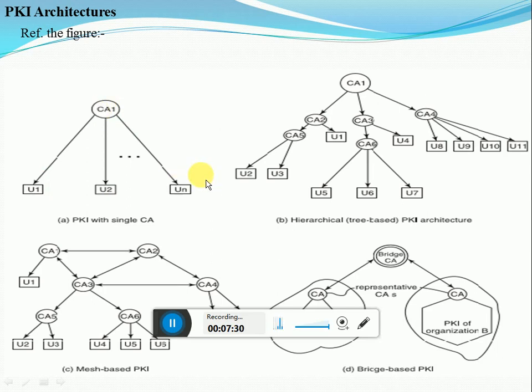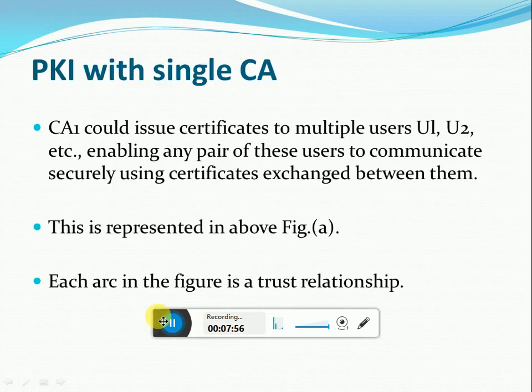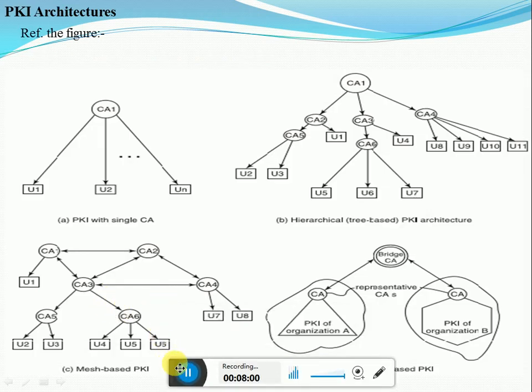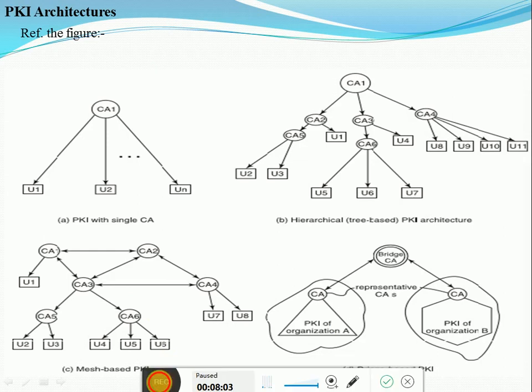The practical solution for this type of problem, of scalability and maintaining these certificates and handling a large number of users, is that we go for a different architecture. This forces us to have an architecture in which multiple CAs are involved.